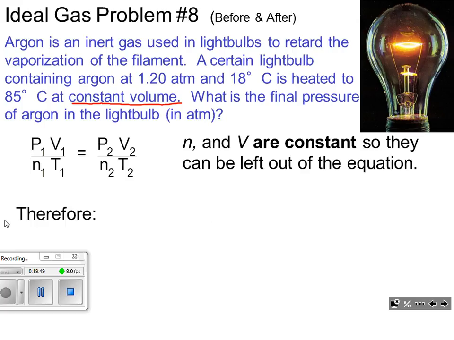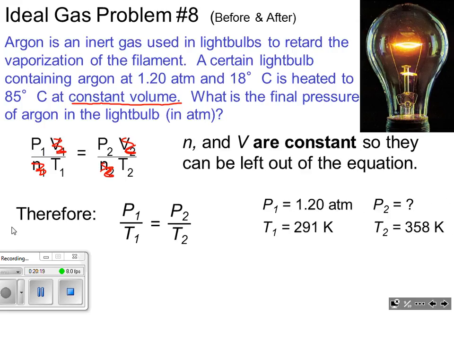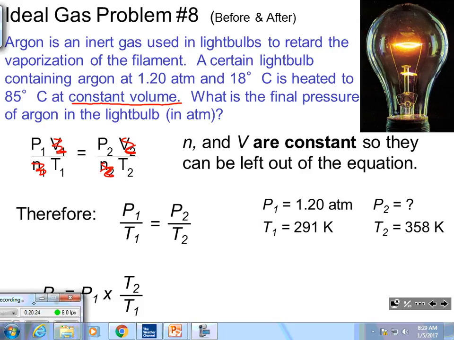So if I leave them out of the equation, I now have the equation of P1 over T1 equals P2 over T2. All I've done here, folks, is just taken the V and the N out. So there's my new equation. Can I take P1 over T1, P2 over T2, using that data? Absolutely.